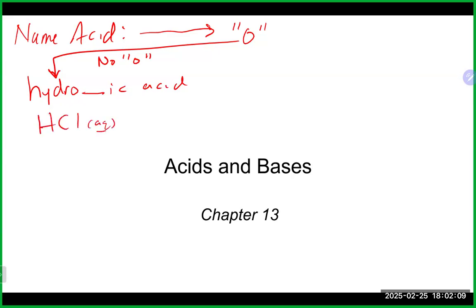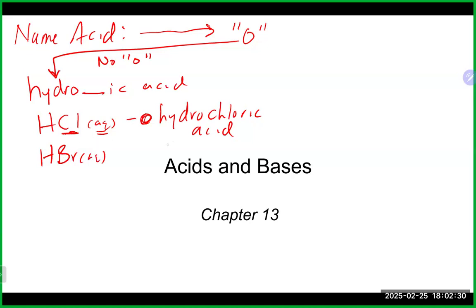And typically acids have the aqueous symbol next to them to imply that they're in solution. That would be hydrochloric, is the missing part there. So hydrochloric acid. We have HBr, once again, no oxygen, so that would be hydrobromic acid.